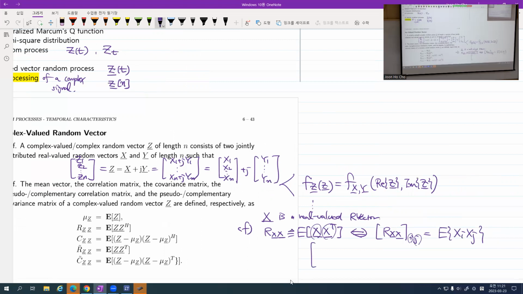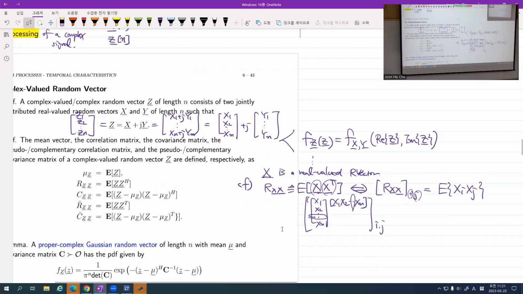Because you can write it as x1, x2, dot, dot, dot, xn, and this one becomes x1, x2, dot, dot, dot, xn. So for the ij entry, you take the i's and you take the j's and multiply, right? You remember that from your high school or not?